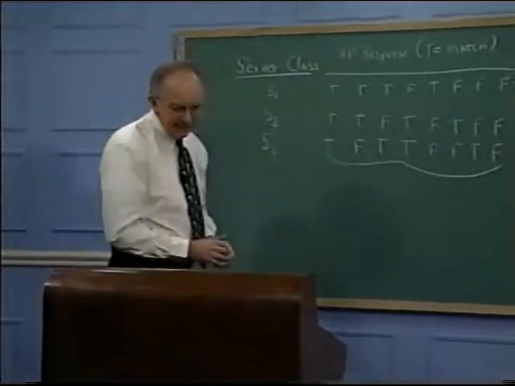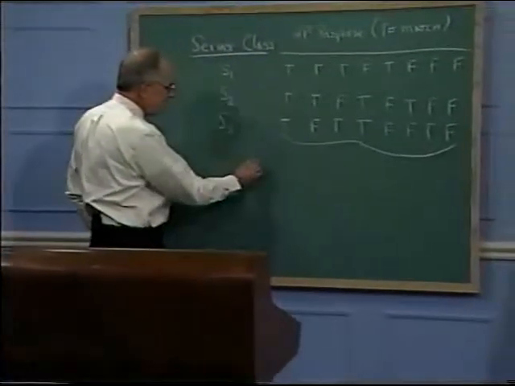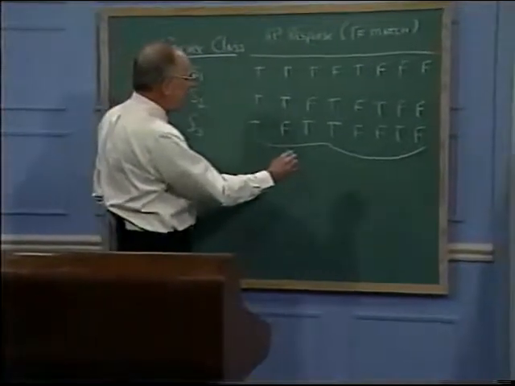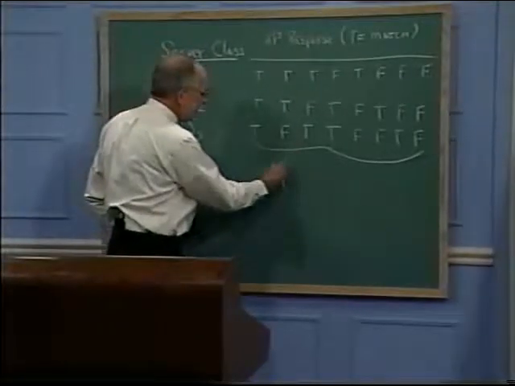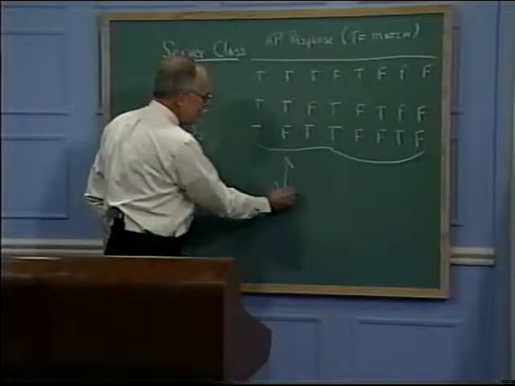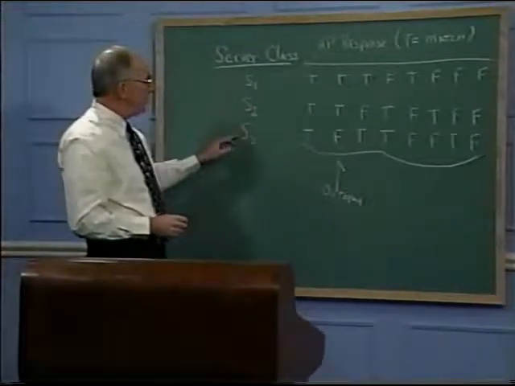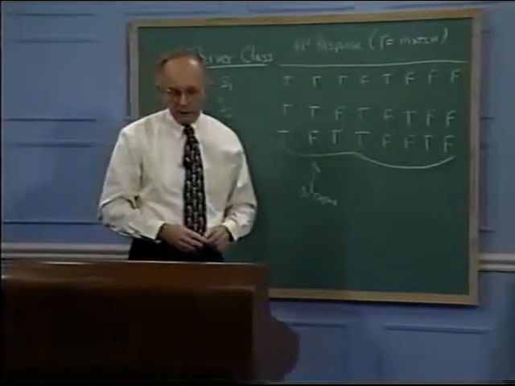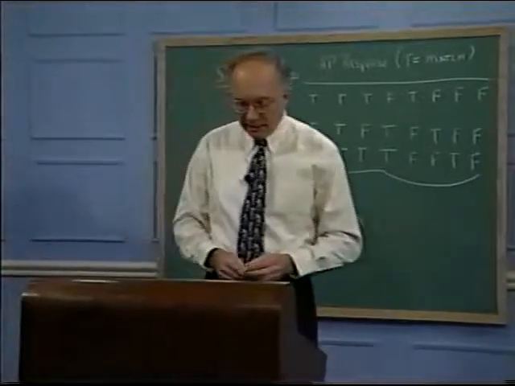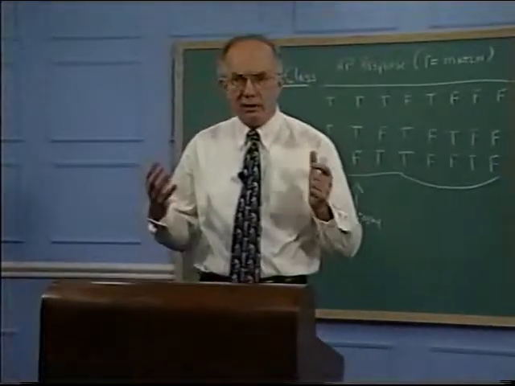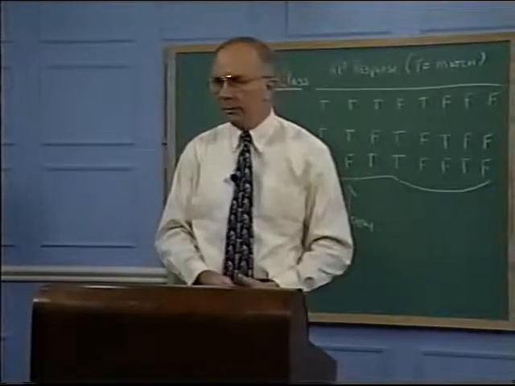So let's say that this is the outcome, that they match me on server 1 and server 2, but they don't match me on server 3. That is an outcome. That is the result that occurred when the random experiment was run.